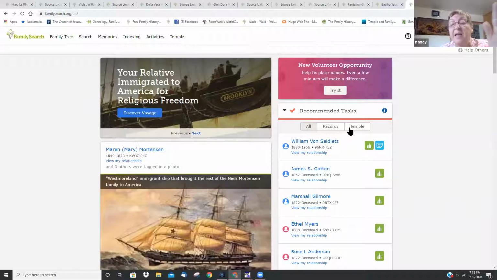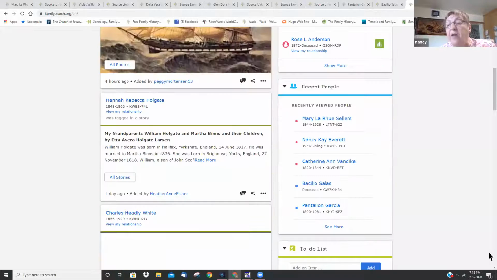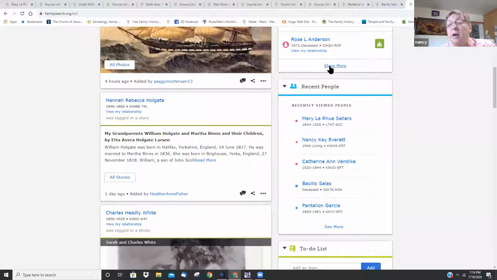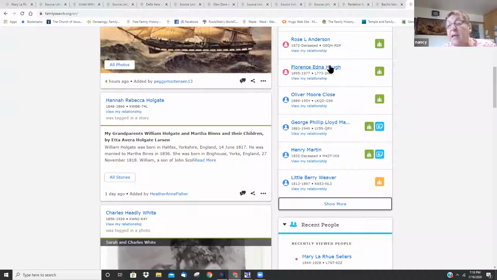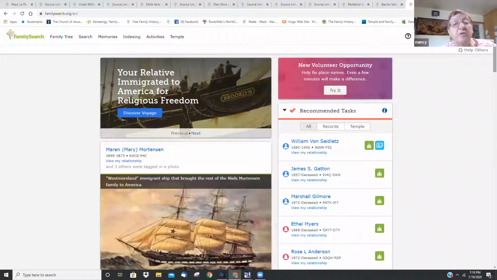And on this side, it gives me a list of people in my family tree, and anybody that has this little blue icon, that's the hint. And I can look up their record and see what hint it is for them. And so that is one way that I can find out what hints these logarithms Family Search has found for me.